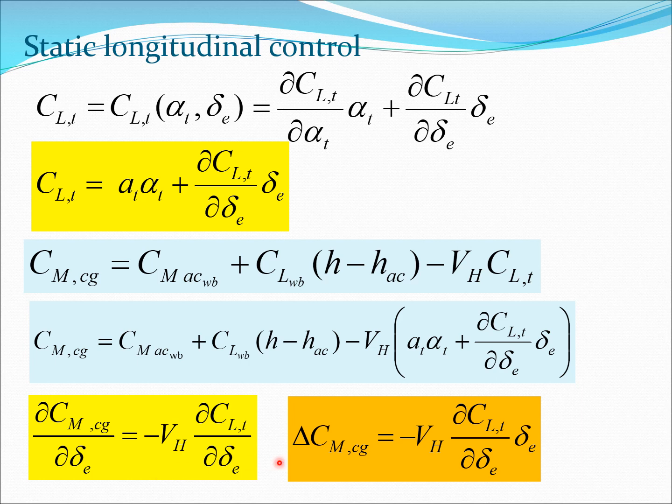Now with this I can get delta CMCG as minus VH into the derivative into delta E. I have taken this derivative and written it in this form, where I have assumed the derivative values are slightly larger, so the delta has become this form and delta E has gone here. This gives us the change in CMCG due to a deflection of the order delta E, and this lets us figure out how much delta E is required to change CMCG by a certain amount.